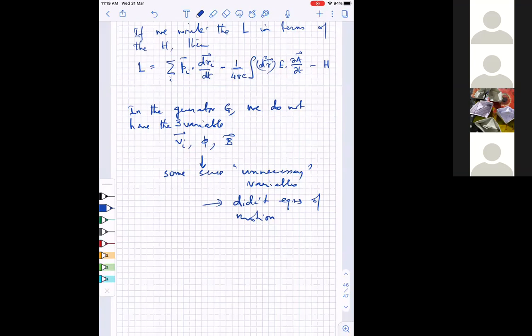So what I can do now is try to eliminate these three variables. We already have equations from before, consistency equations, which came from these variables, which were the constraint equations, and we can use those constraint equations to eliminate these three variables, right?